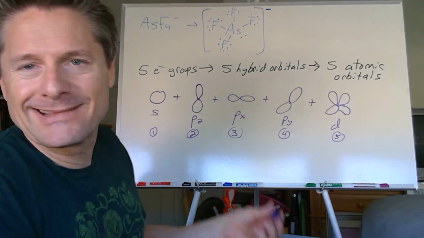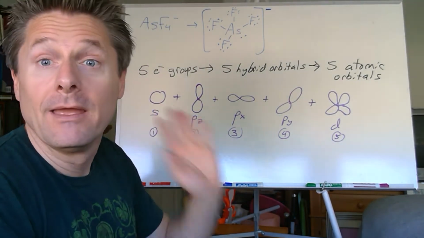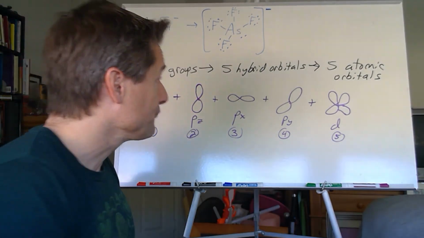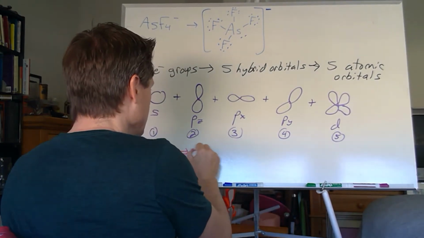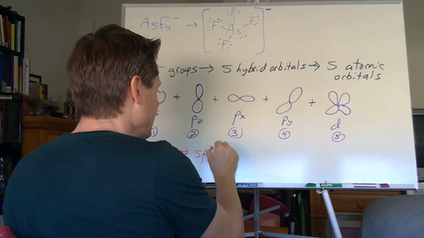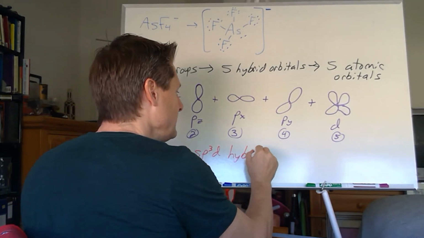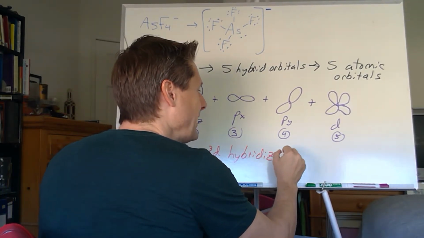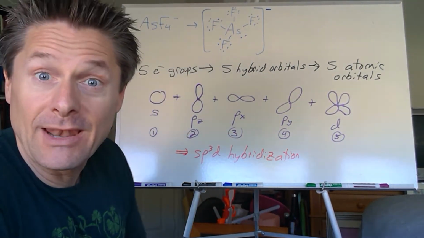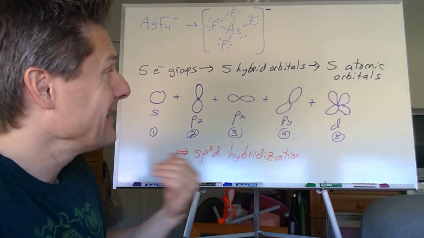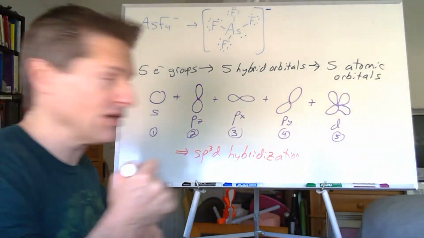So that could be the dxz, dyz, dxy, whatever, dx squared minus y squared. That, my friends, would be sp3d hybridization. I'm not going to go through what I did last time and show all of these atomic orbitals and what the hybrid orbitals look like, but let's look at the overall structure for that.